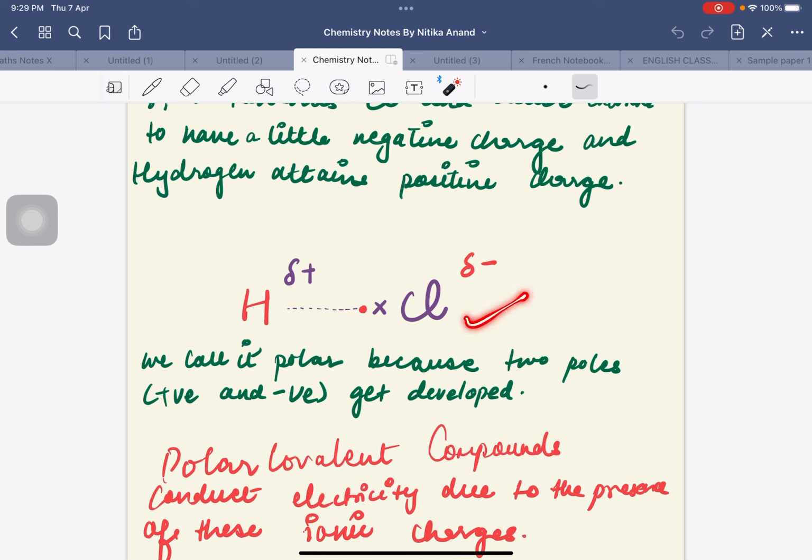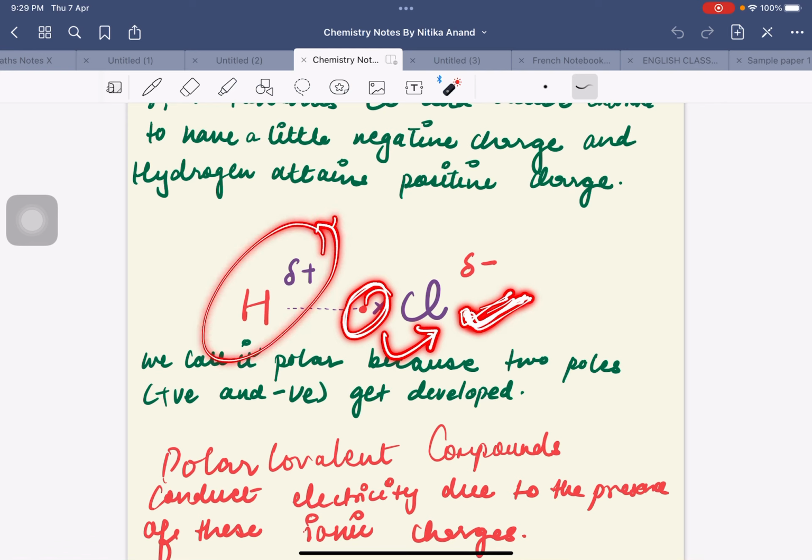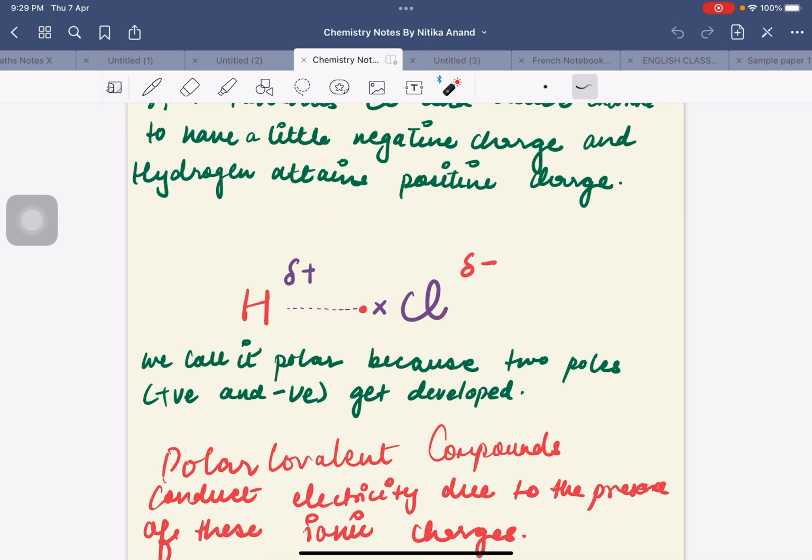Now because this shared pair of electrons shifted towards chlorine, it became delta negative, a little negative, and hydrogen became positive. So hydrogen would be delta positive.